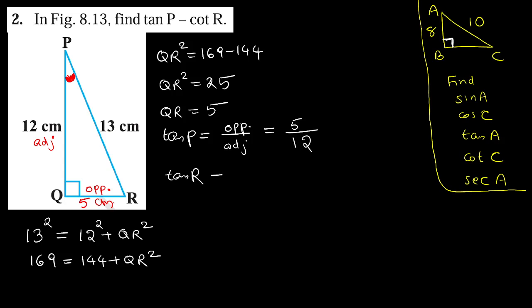Let me find out tan R. Shall I mark opposite and adjacent? It is clear. Tan R equal to opposite by adjacent. The opposite side of R is 12. The adjacent side of R is 5.